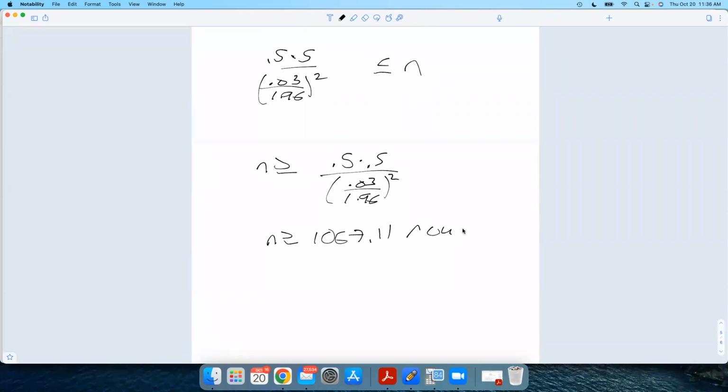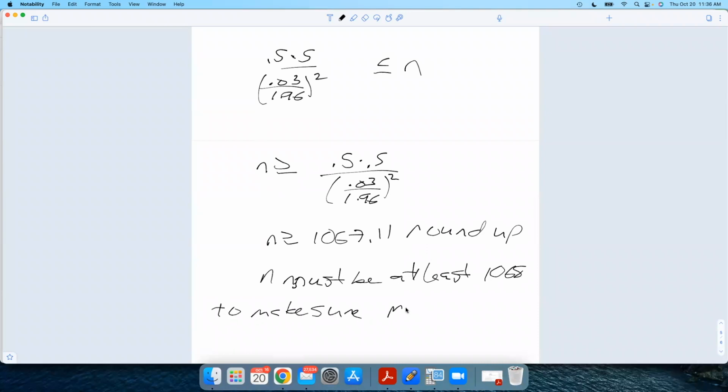No matter what decimal was here, we have to round up. So n must be at least 1068 to make sure the margin of error is less than or equal to 3% at 95% confidence.